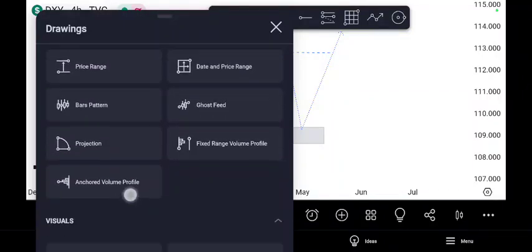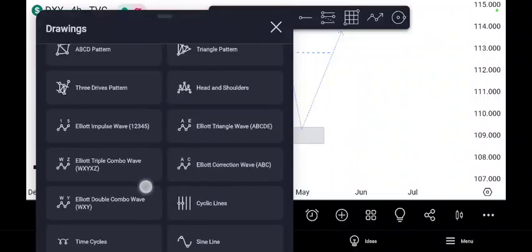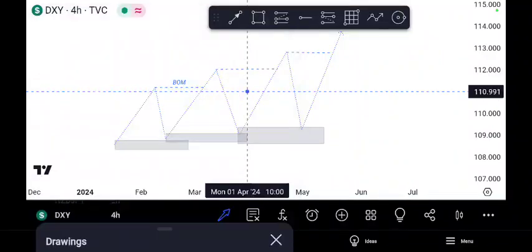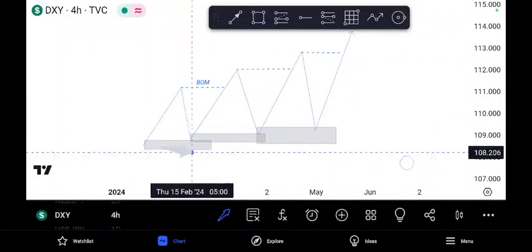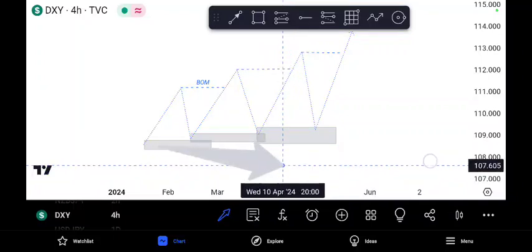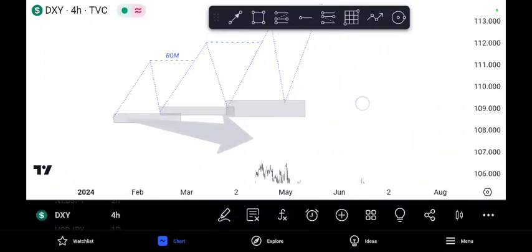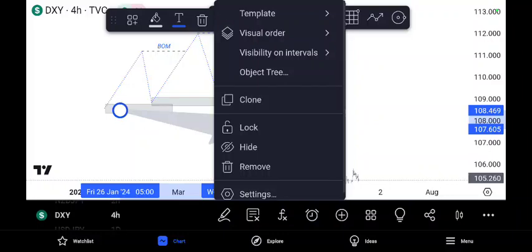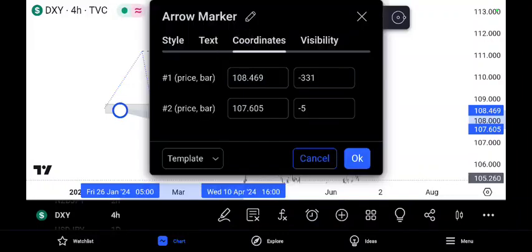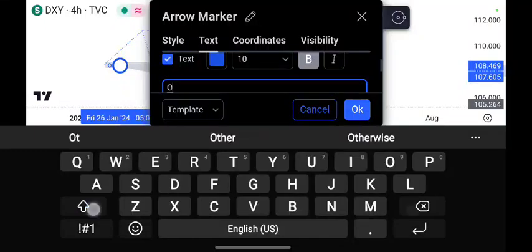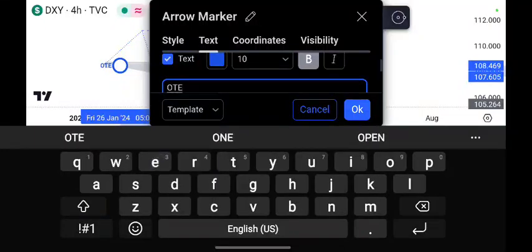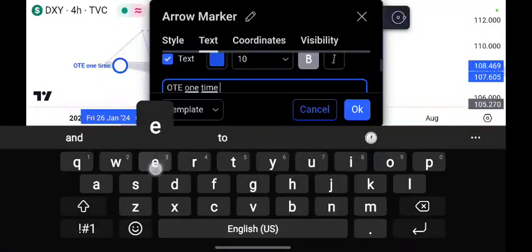I want to label something else. These are your one-time entry. That's where you hear us say OTE on that PDF. It's called one-time entry.